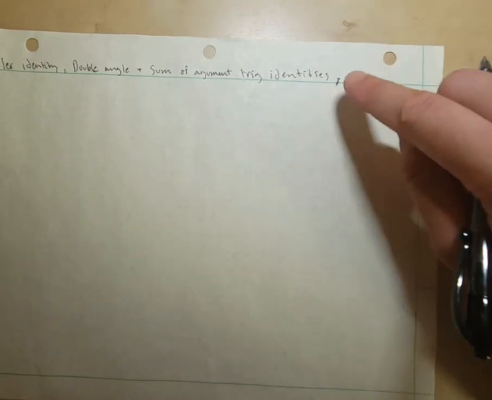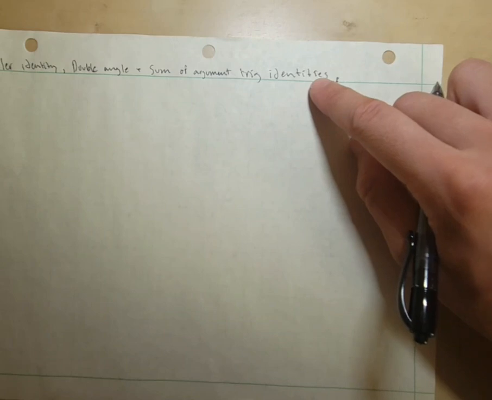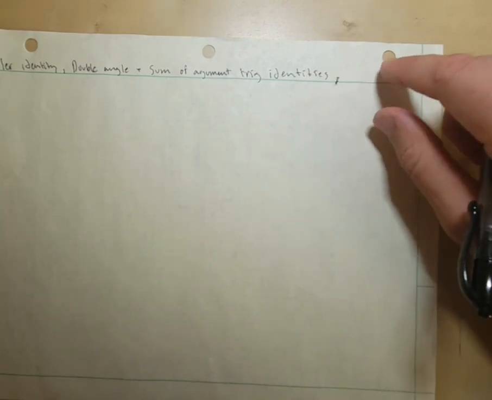The second video after this will build off of this video, and it will be using these trig identities to prove a trigonometric relation.